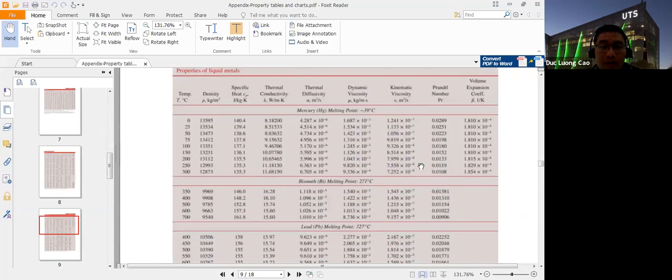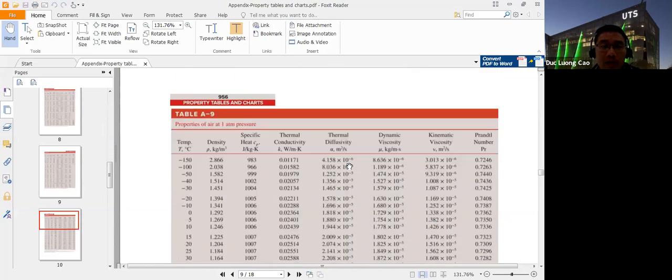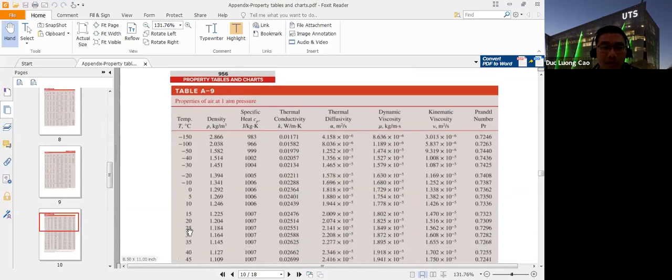Let's see. Yeah, properties of air at 1 atmospheric pressure. The temperature is 20, okay, 20. We have the density is 1.204 kilogram per meter cube. Air density is 1.204 kilogram per meter cube.